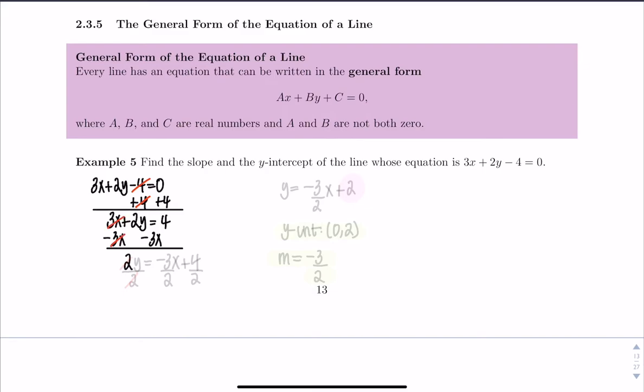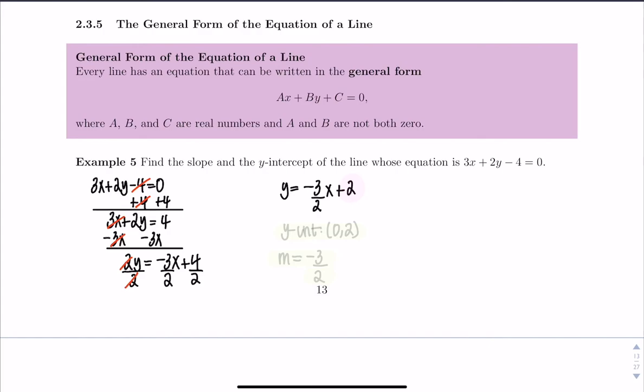So we get 2y equals negative 3x plus 4. And the last thing we can do is divide by 2. And so we get that y equals negative 3/2 x plus 2.